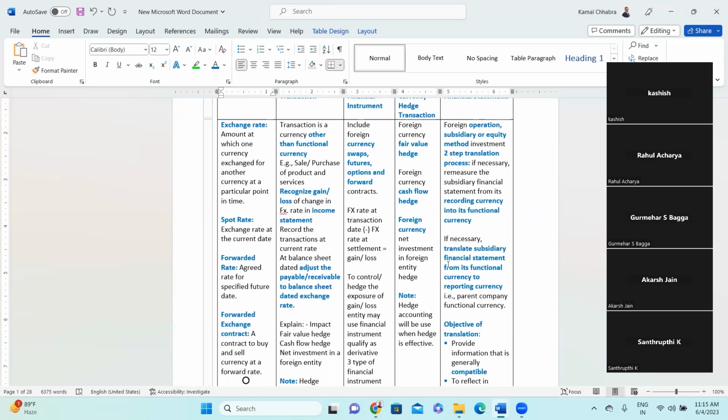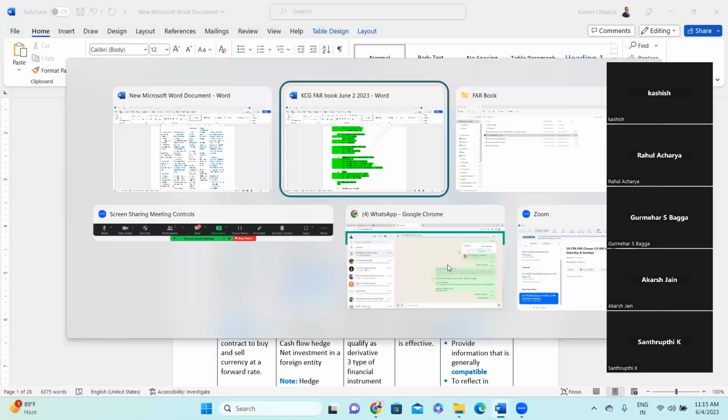Then you need to recognize the gain or loss on exchange in the FX rate, which will go into the income statement. Record the transaction at the current rate, and at the balance sheet date, adjust payables and receivables to the balance sheet date exchange rate. Let's understand one by one what it says.